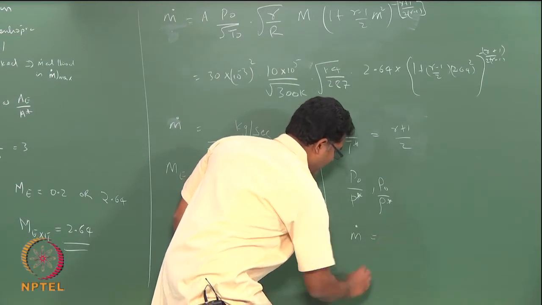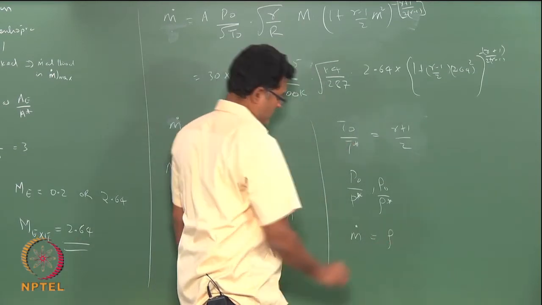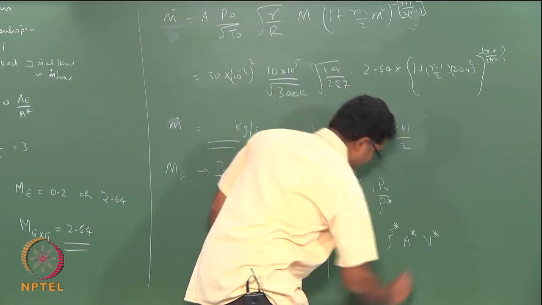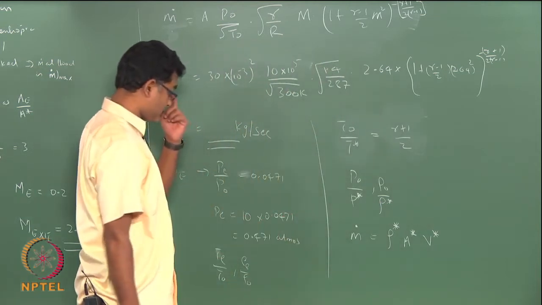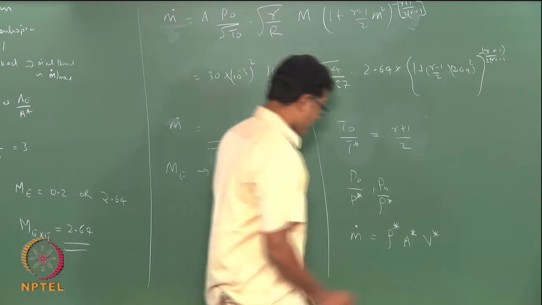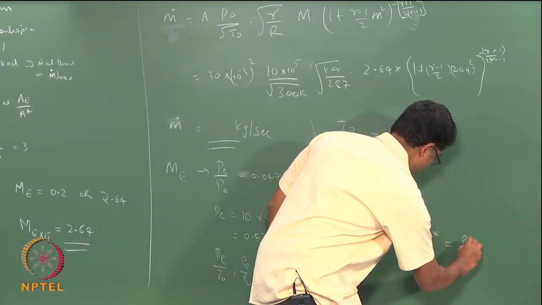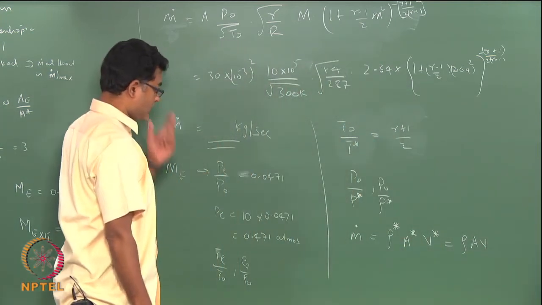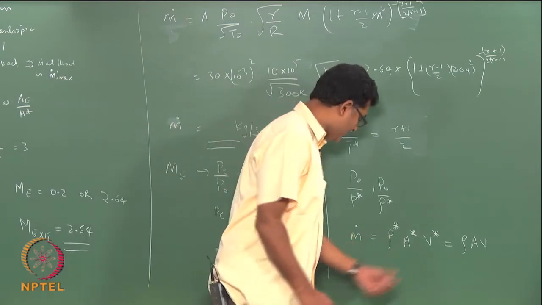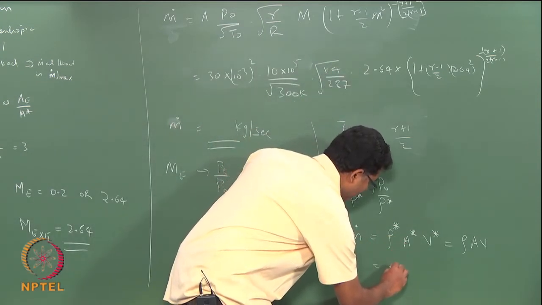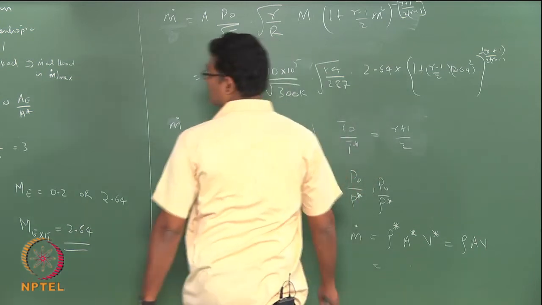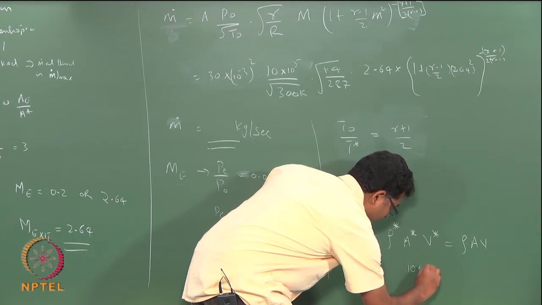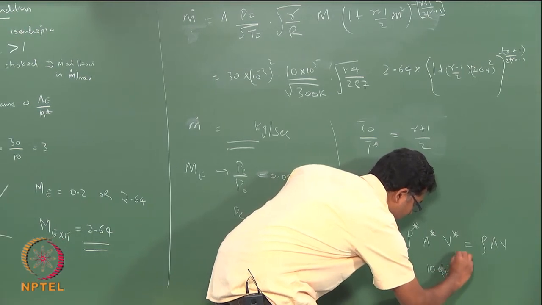So, if I know these values, I know already m dot. So, from m dot I can write rho star into A star into V star at the throat equals my rho A V. The throat area I know, throat area is 10 millimeter square, which is 10 to the power minus 3 the whole square.